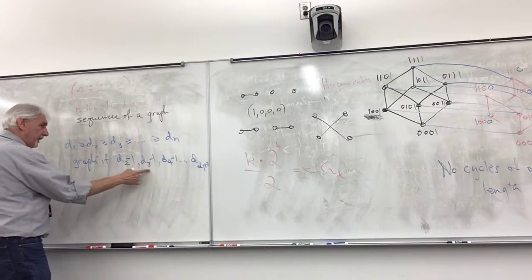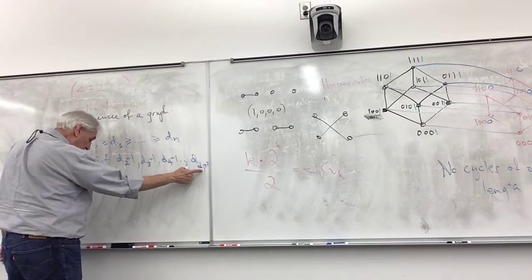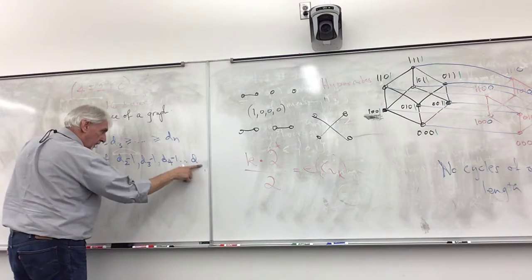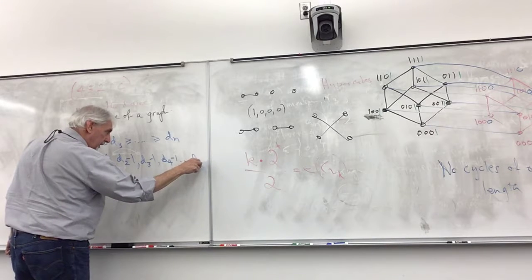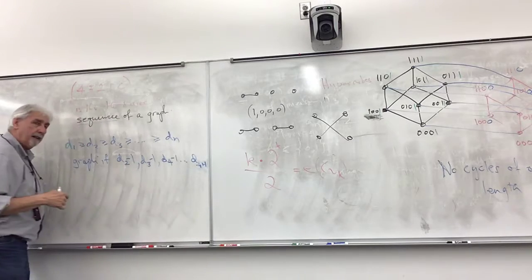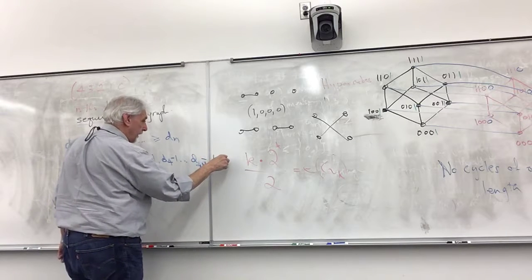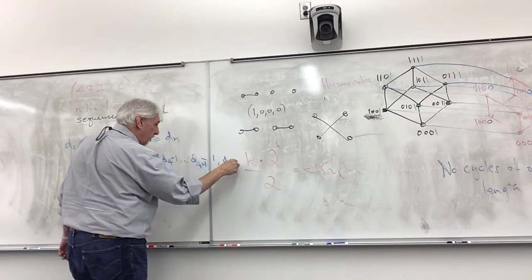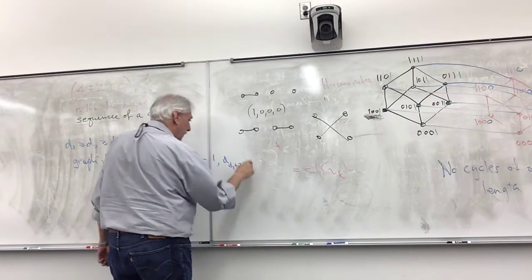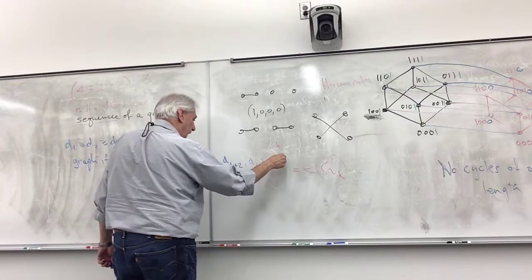This is the first one, the second one, the third one, up to D sub D1 plus 1. So this is the next D1 degrees, and I'm going to reduce those all by 1. Then D sub D1 plus 2, and everything else stays the same, D sub D1 plus 3, down to Dn.